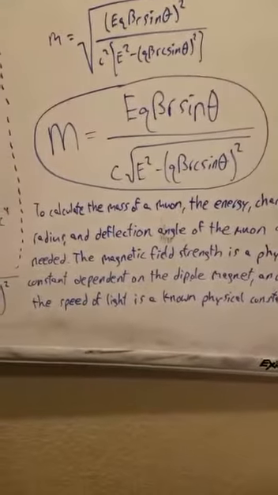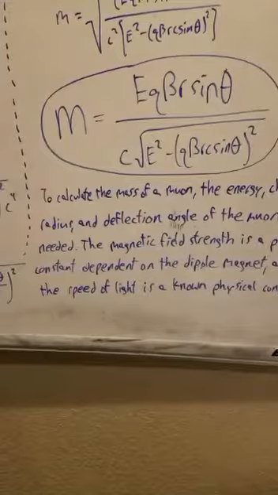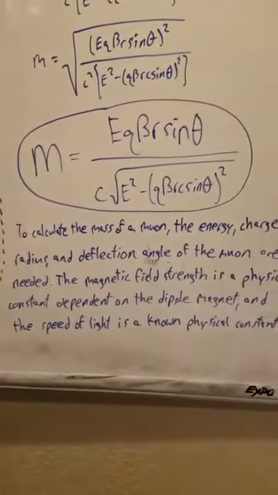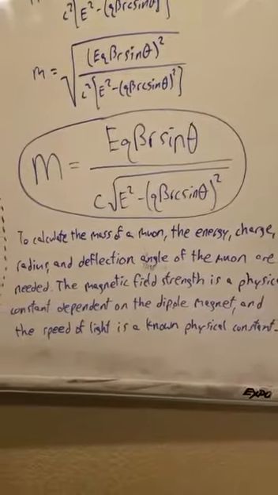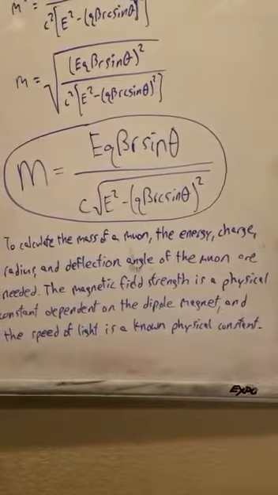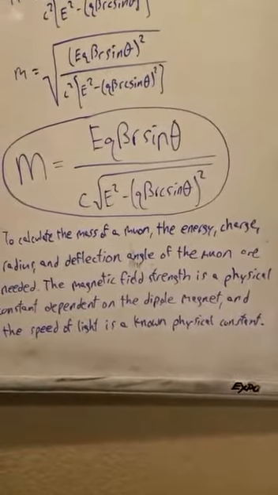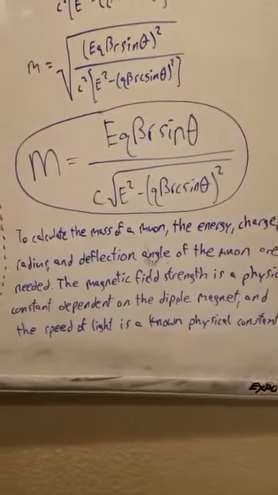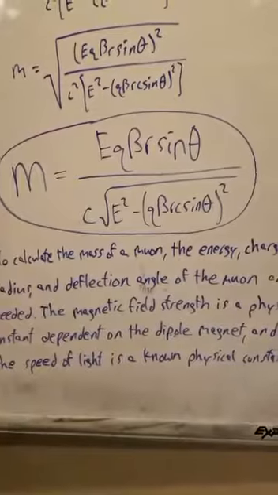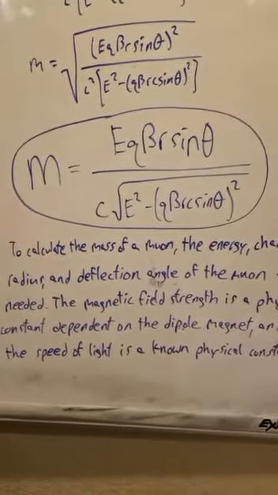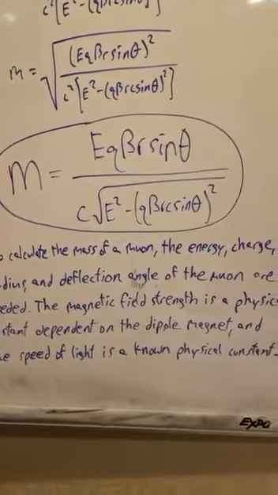Okay, so to calculate the mass of the muon, we need the following physical parameters according to this equation, right? And so the energy, which is represented by the capital E there, the energy of the muon is given by the calorimeter before the muon shield. So if you look at the experimental setup, be looking at that while I go through this, that might help make things more concrete. Now the charge is represented by the lowercase q.